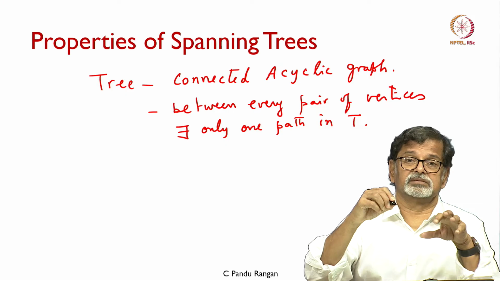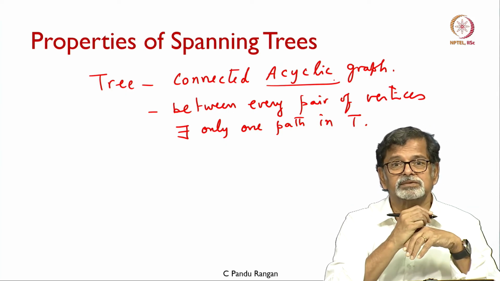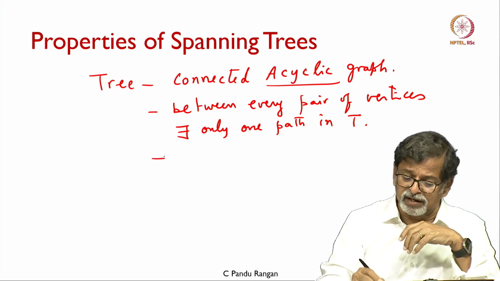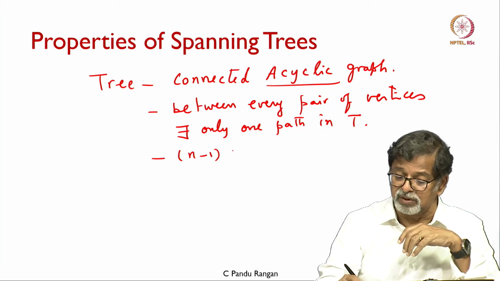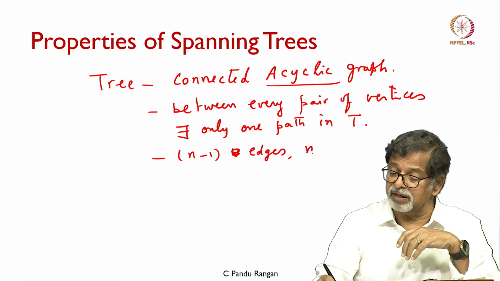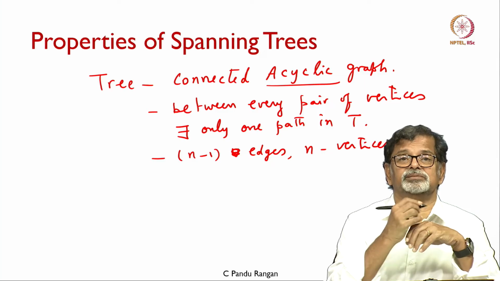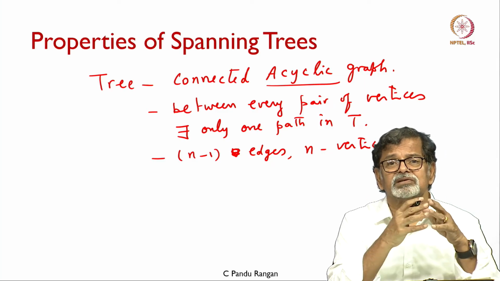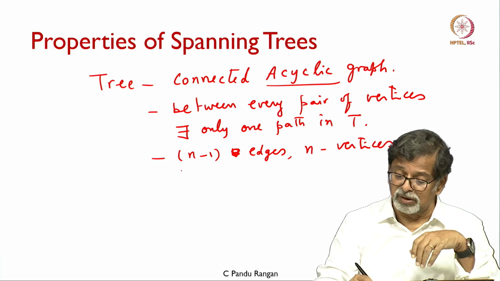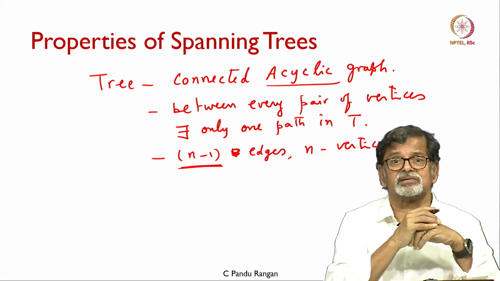If you have, that will enclose a cycle which is a contradiction to the acyclic property. That is the reason why it is minimally connected. Every tree has got n minus 1 edges where n is the number of vertices. A tree with n vertices, there are several configurations of the tree, but all the trees will have exactly n minus 1 edges.